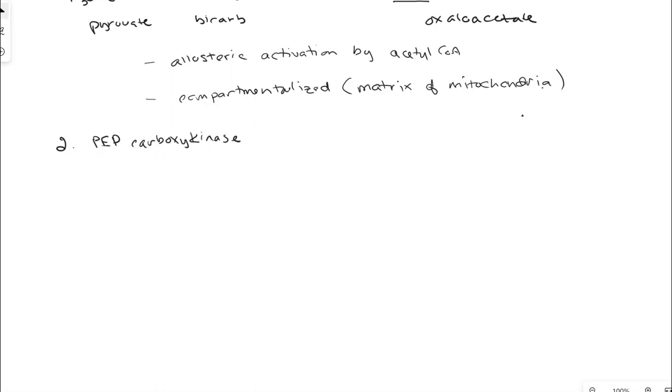And the second step in this reaction is the conversion of oxaloacetate to phosphoenolpyruvate. And what that looks like is we have our oxaloacetate, which we're going to redraw with a bent structure, which makes it clear which group is leaving.